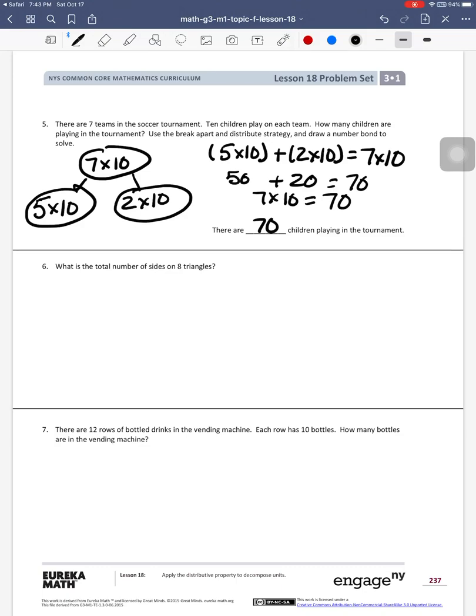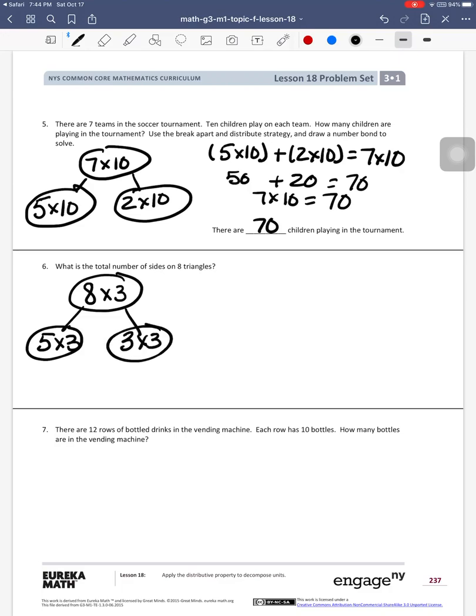What is the total number of sides on 8 triangles? So I know we have 8 triangles. And how many sides does a triangle have? Right, 3. So 8 times 3 equals something. I always like working with 5 because it's easy. I can do my count by 5s really quickly. So I'll do 5 times 3, and if I do 8 minus 5, what do I have left? Right, 3. So 3 times 3 would be my other grouping. Because here's my triangle, right? And it has 3 sides.